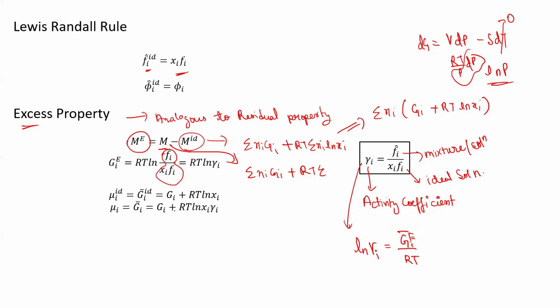That is the mistake I have done. So GIE bar is by RT. So this is dou NGE by RT by dou Ni at constant pressure, temperature, and Nj. So this is the thing we have.